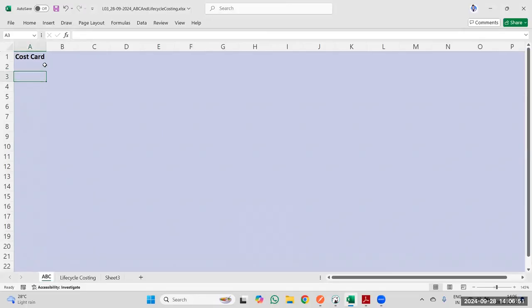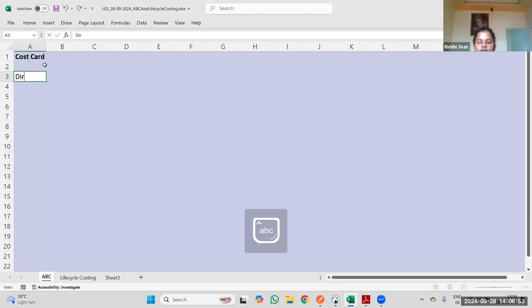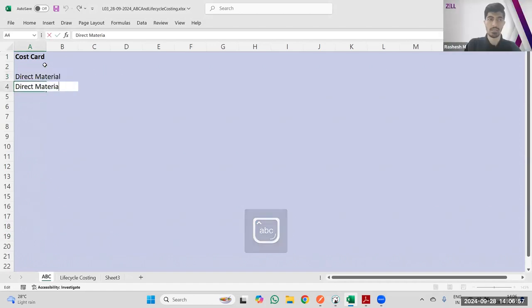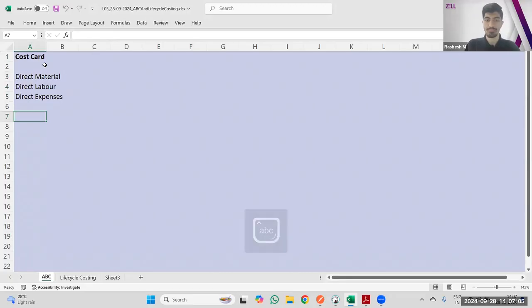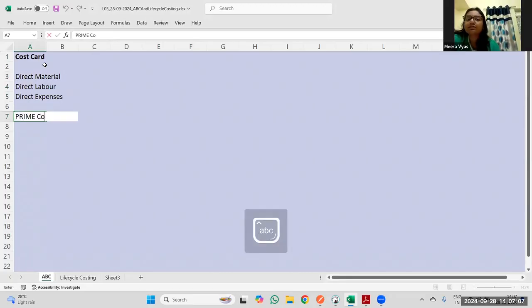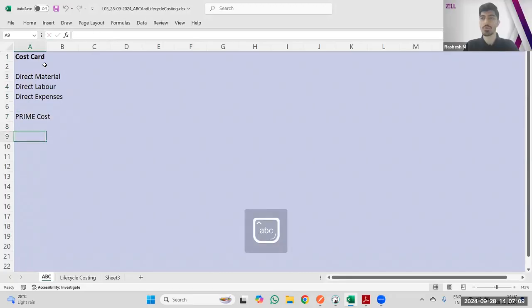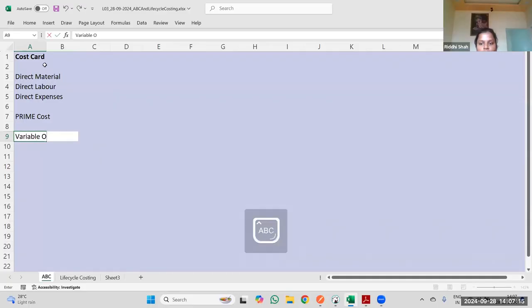Direct material, direct labor, and direct expenses. So material, labor, and direct expenses. This gives us what? What do we call this? Prime cost. After prime cost, what do we normally deal with? Variable production overheads.